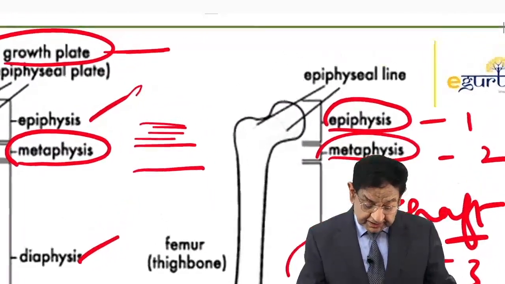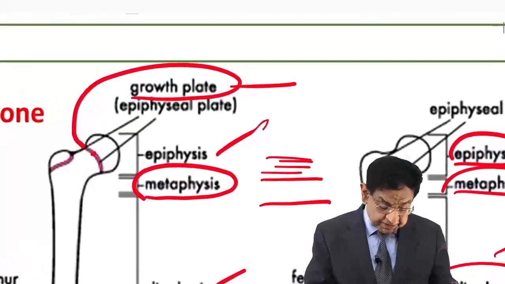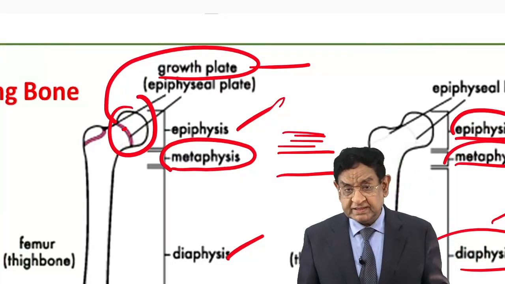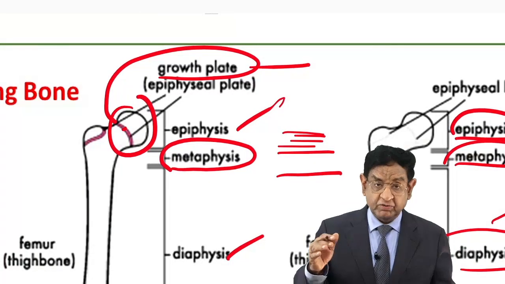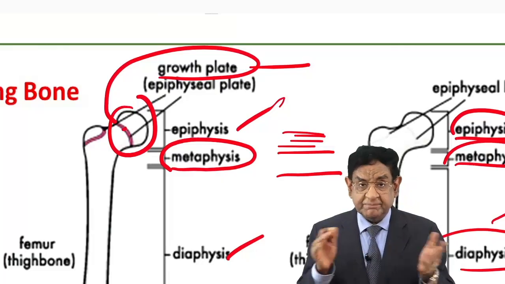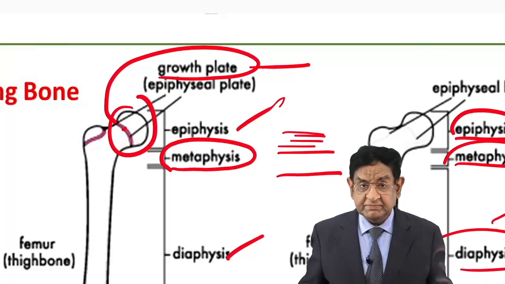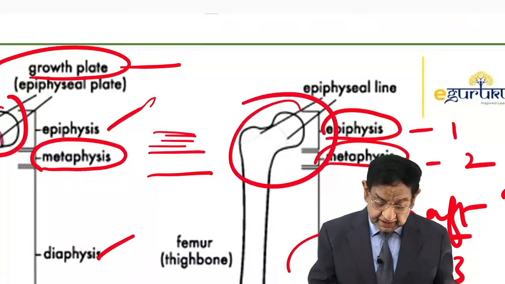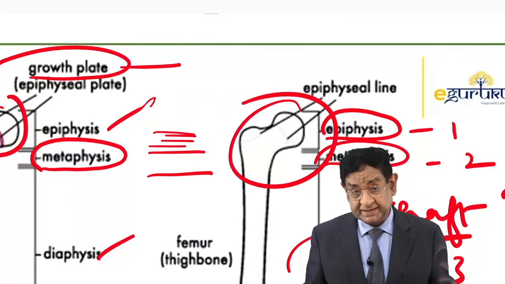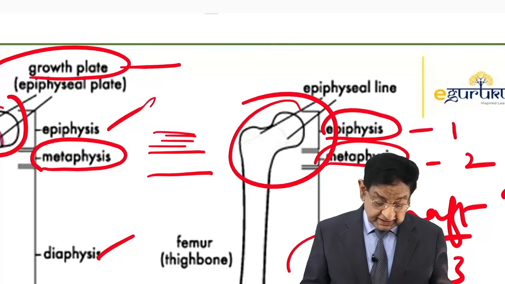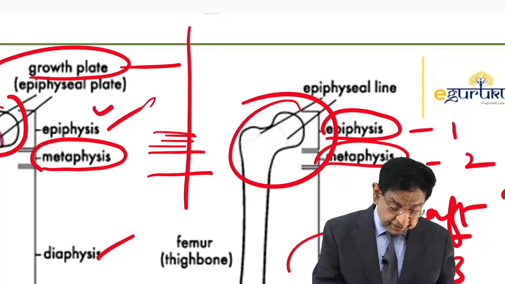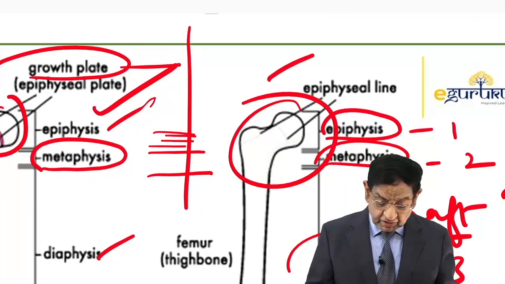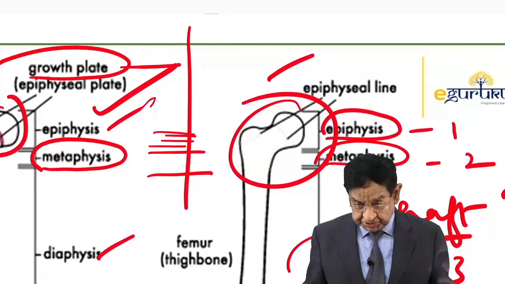If I enlarge this picture, here we see the growth plate between the epiphysis and the metaphysis, and here we are not getting any growth plate; it is fused. If the problem occurs before fusion, we call it rickets; the problem of the bone which occurs after growth is called osteomalacia.